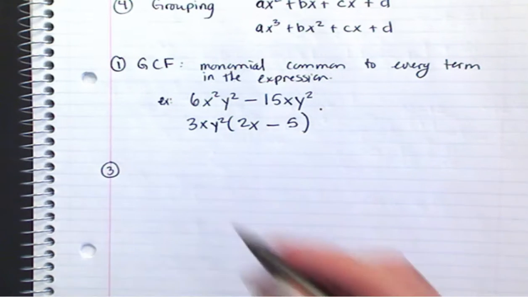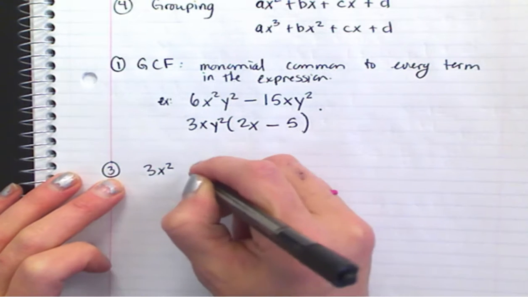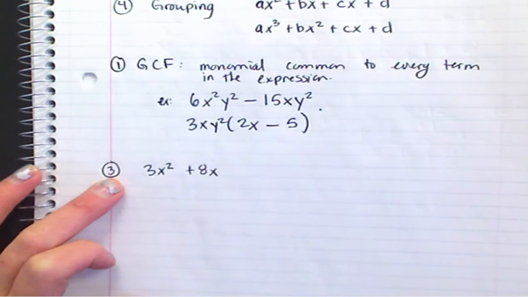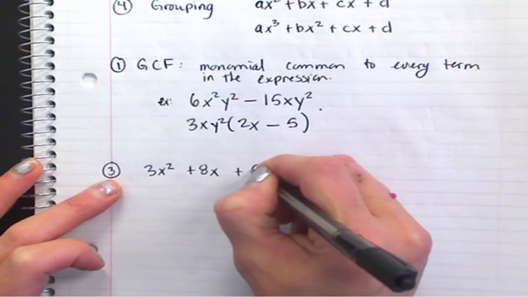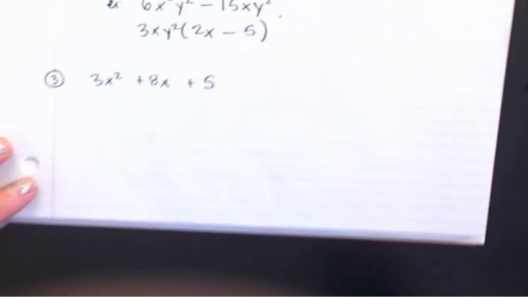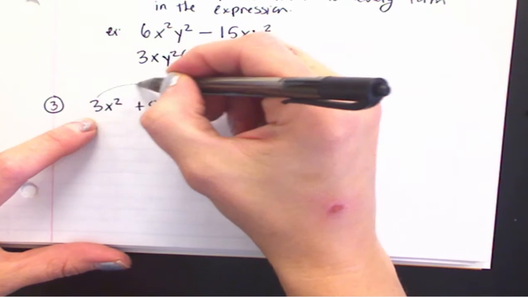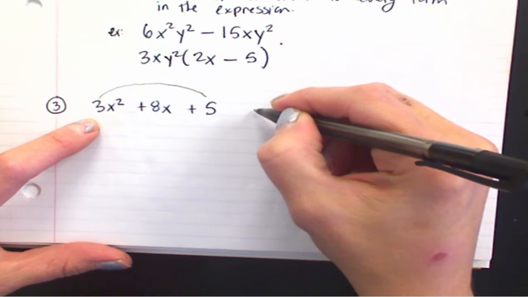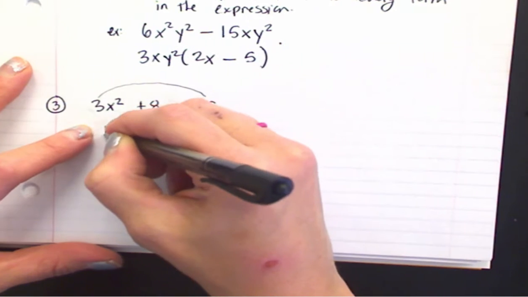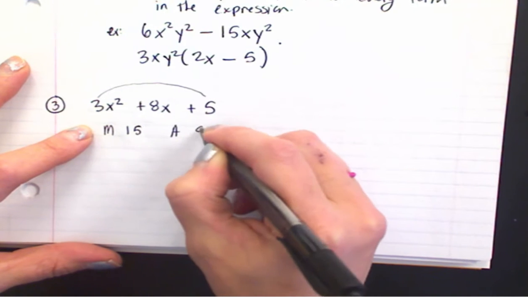Okay, here we go. 3x squared plus 8x plus 5. Now I am starting with smaller numbers. Okay? They will get a little bit bigger. And I'm going to show you 2 choices. Most of you recall that I need to pick numbers that multiply to 15 and add to 8.